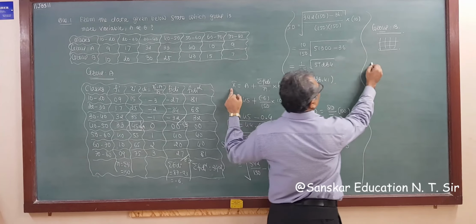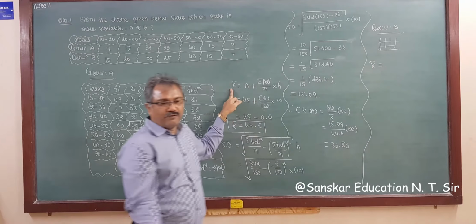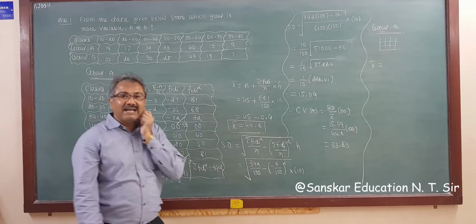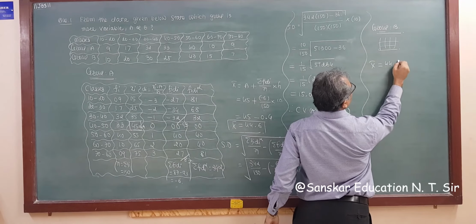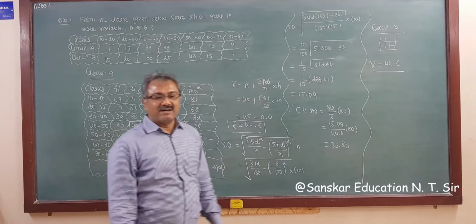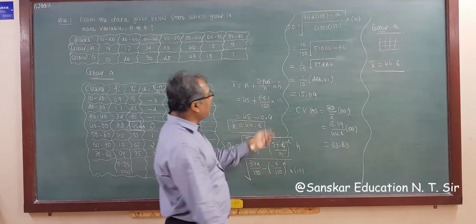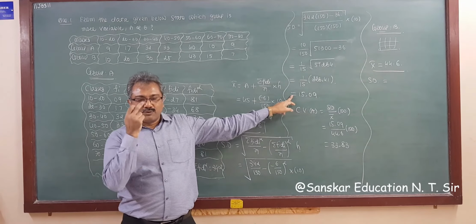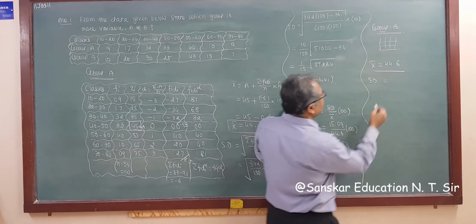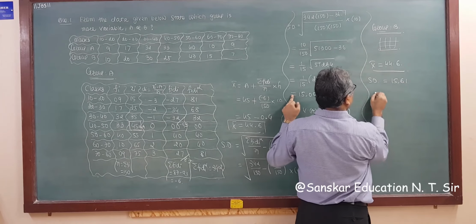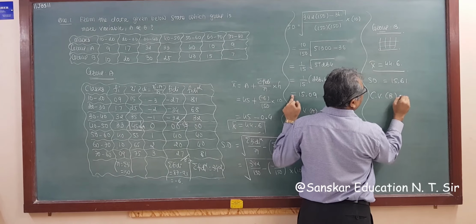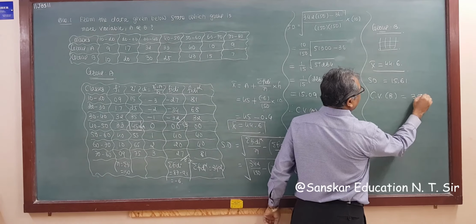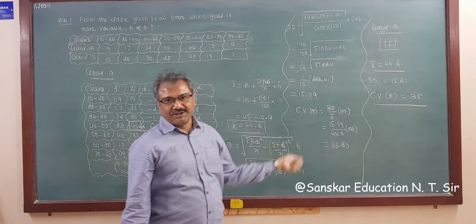Then calculate X bar, and X bar for group B will again be 44.6. The standard deviation for group B is 15.61, and CV for group B is 35.